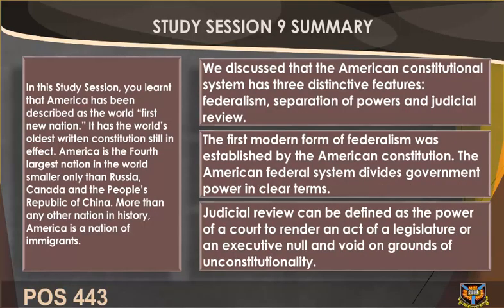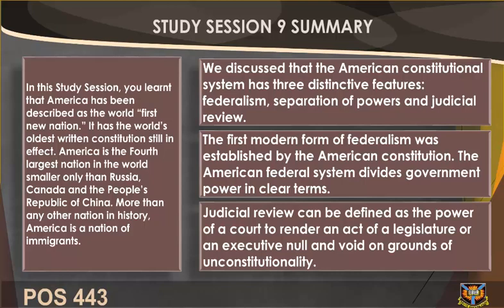Study section summary. In this study section, you learned that America has been described as the world's first new nation. It has the world's oldest written constitution still in effect. America is the 4th largest nation in the world, smaller only than Russia, Canada, and the People's Republic of China.